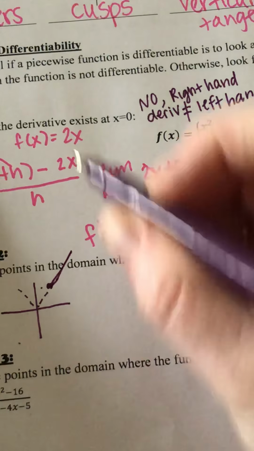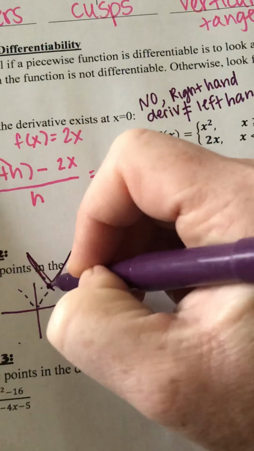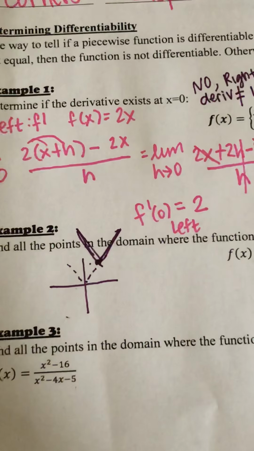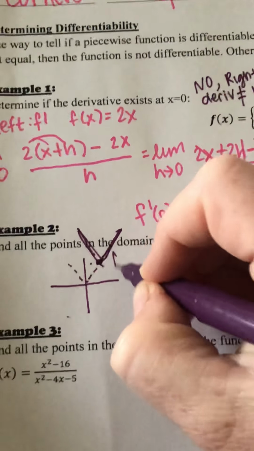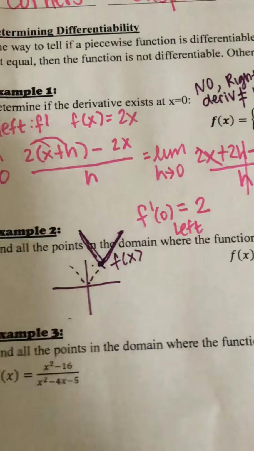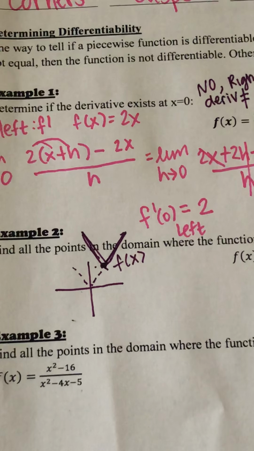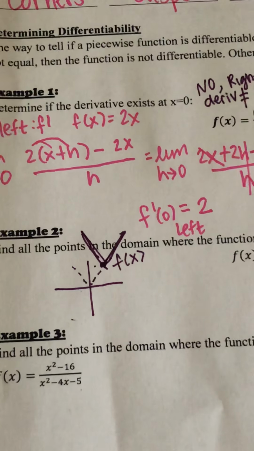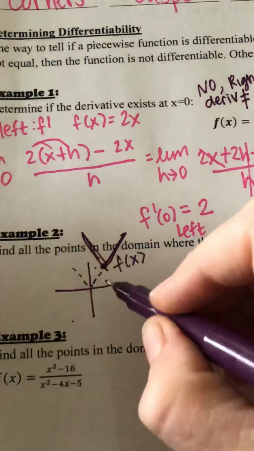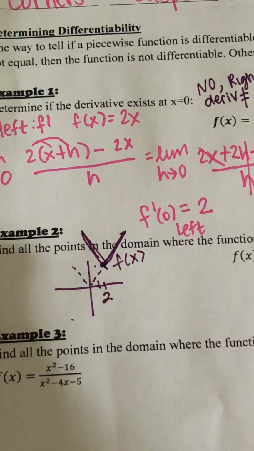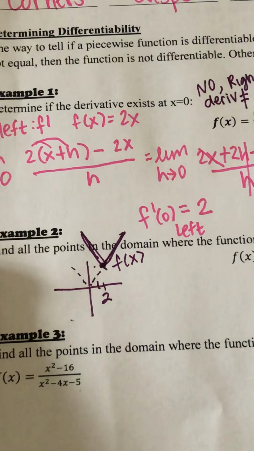And so this is the graph of f of x. You can see that there's a cusp, or a corner, excuse me, somewhere along there, and it's actually at 2. So that's where it's not going to be differentiable.